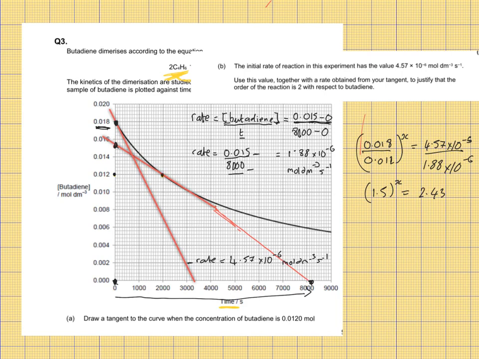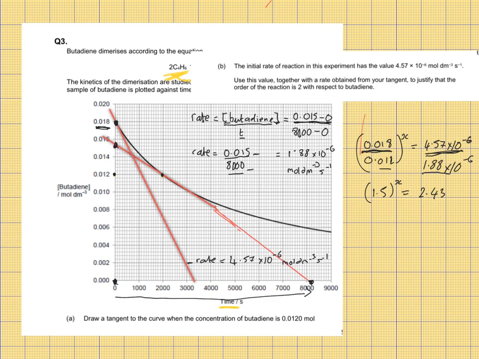So in our first experiment here, the concentration of butadiene was 0.018. We've now reduced the concentration to 0.012 to the power x. These are the rates. This is the initial rate here, 4.57 times 10 to the minus 6, and here's the rate when our concentration dropped to 0.012.